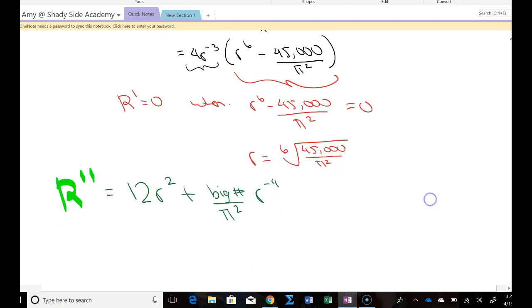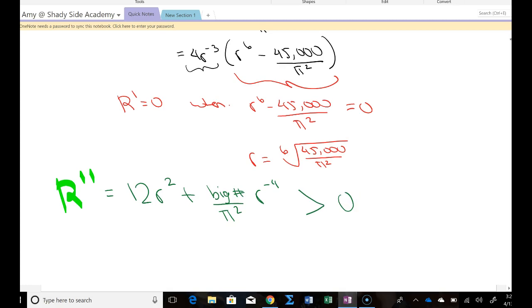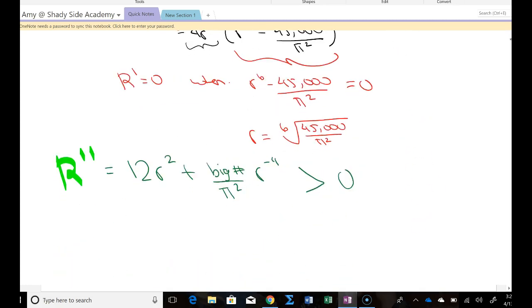And if I look at this, for all positive values of r, this is always concave up. The R function is always concave up.